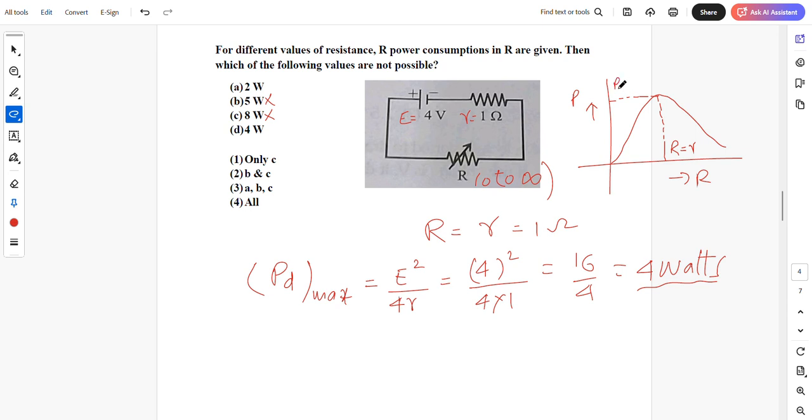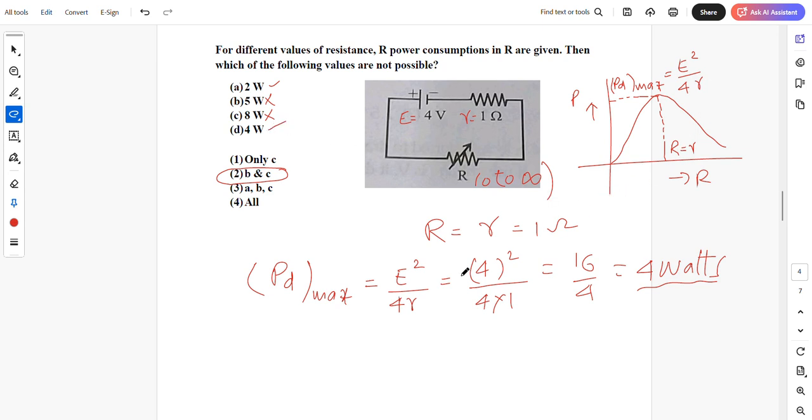PD max, power dissipated, the formula is E square by 4R. 5 watts and 8 watts are not possible, so B and C are not possible at all. 2 watts is possible, and 4 watts is possible as the maximum.